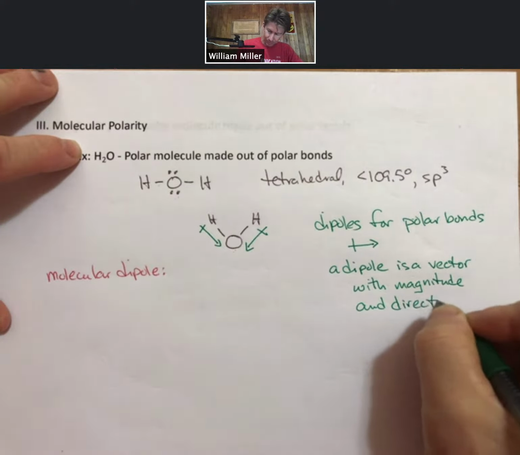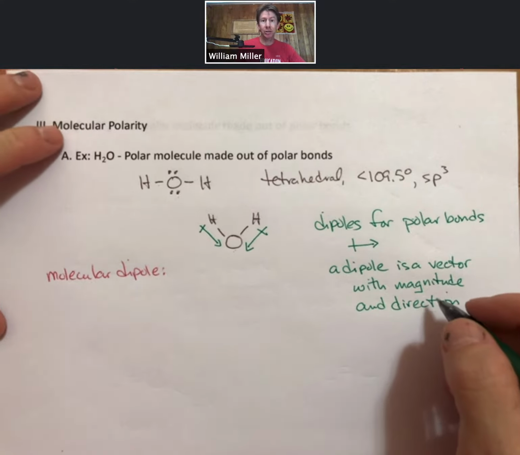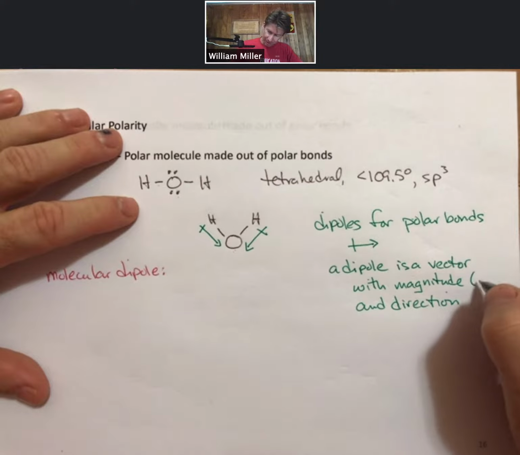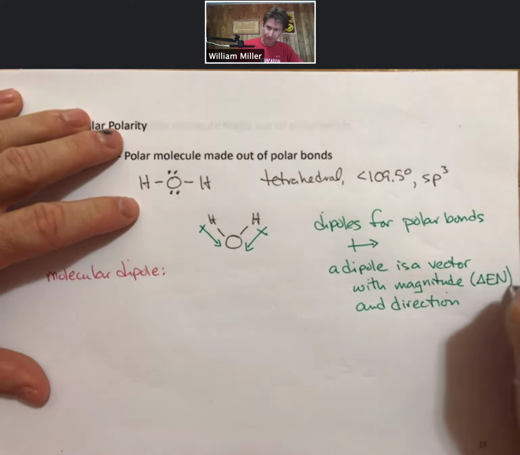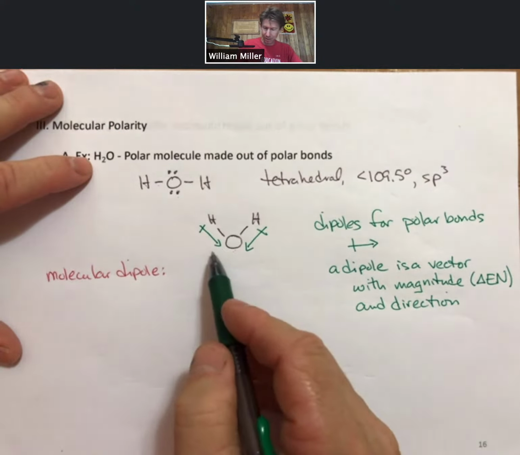The magnitude, or the size of the dipole, is generally going to be proportional to the difference in electronegativity, so I'm going to write delta EN here. And the direction is in the direction of the arrow. We've simplified the case by having two dipoles that are exactly the same here, so we know that the magnitude is the same for these two.